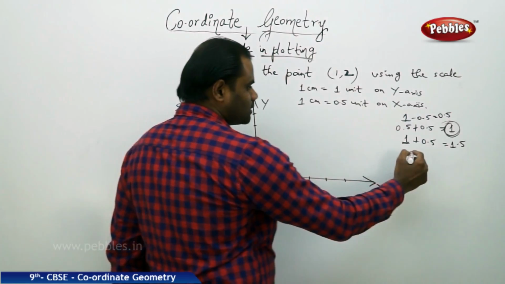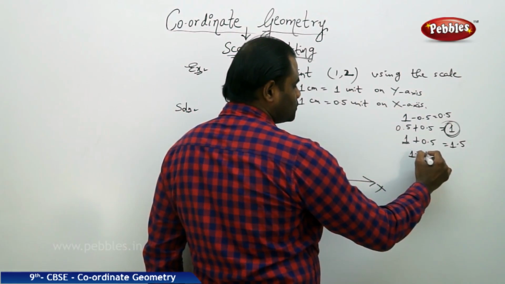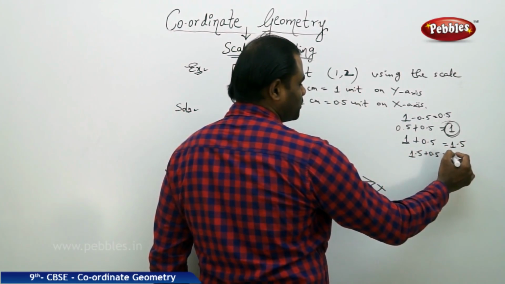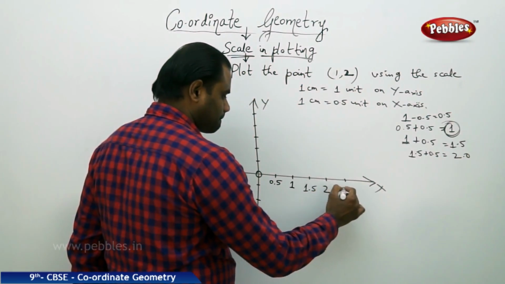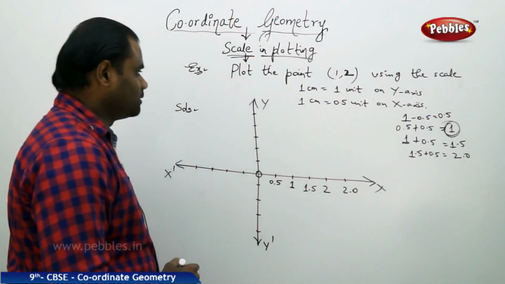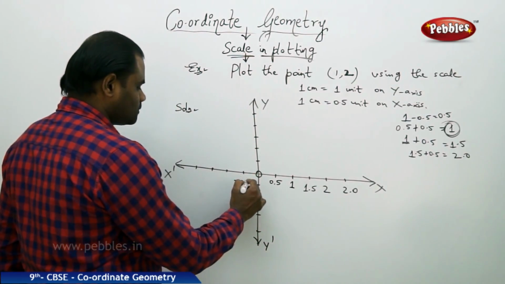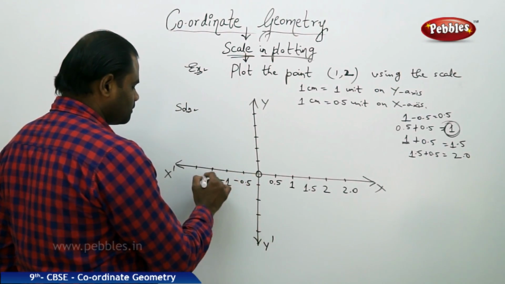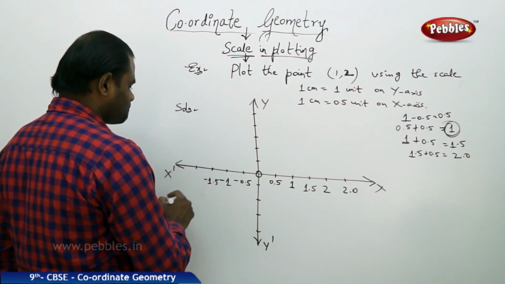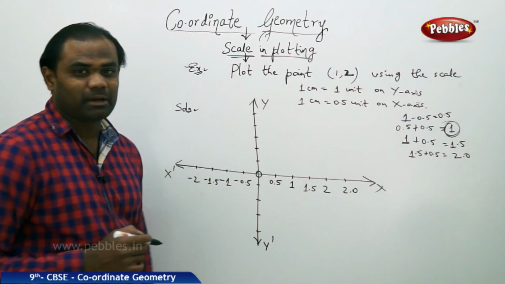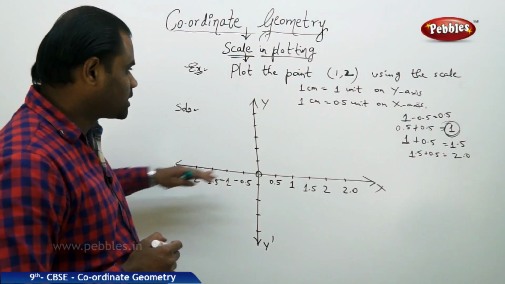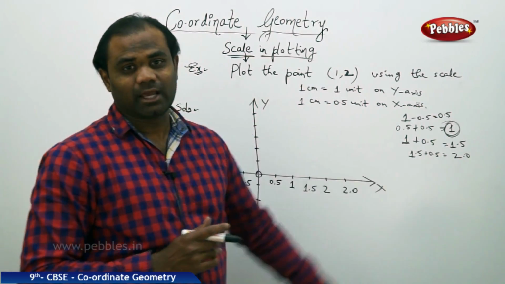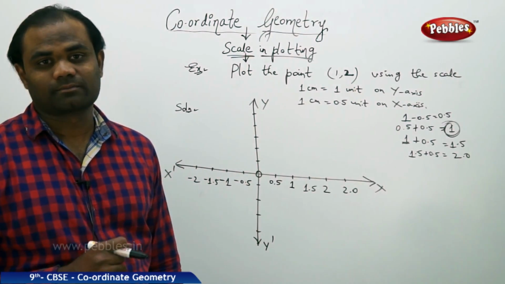The next is adding 0.5 to the previous, which is 1.5, which gives me 2. And then on the left, minus 0.5, minus 1, minus 1.5, and minus 2, etc. This is how the scaling is done on x-axis according to the given question.